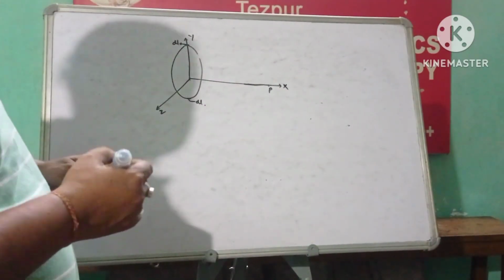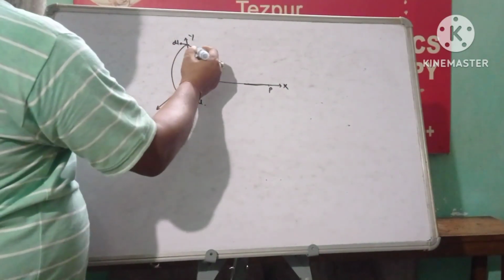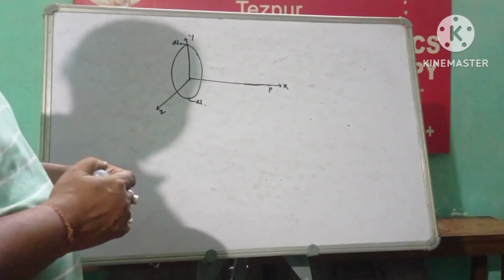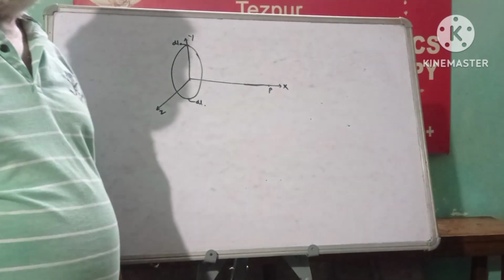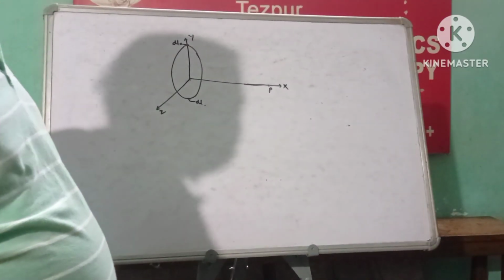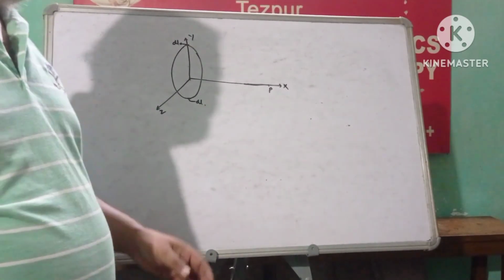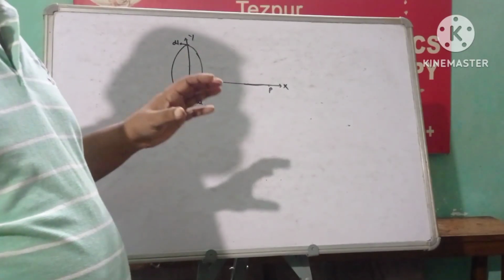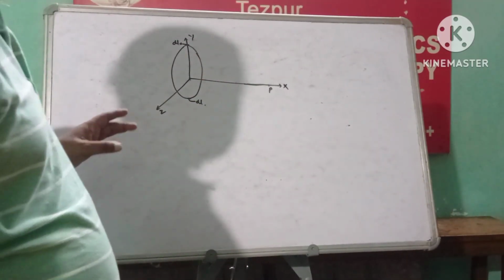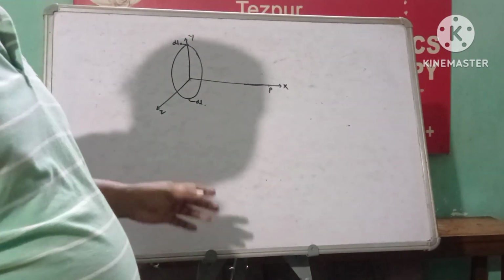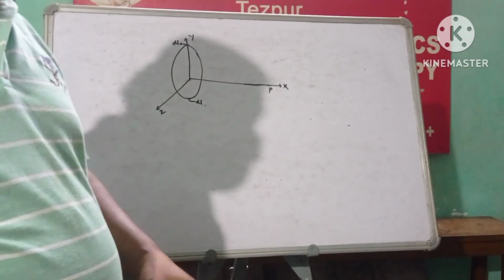Here the main concept that you must remember is that any formula which deals with magnetic field is a cross product.